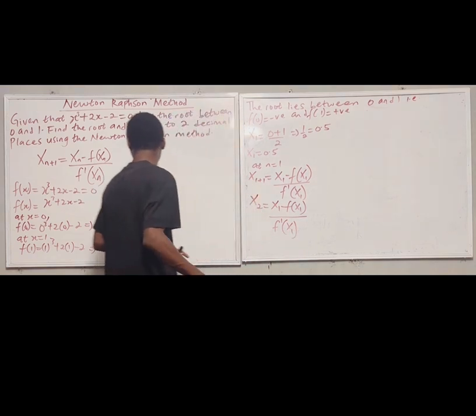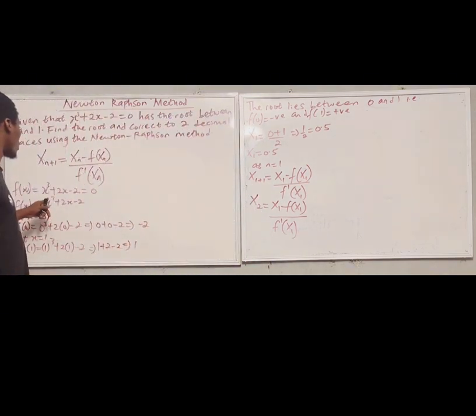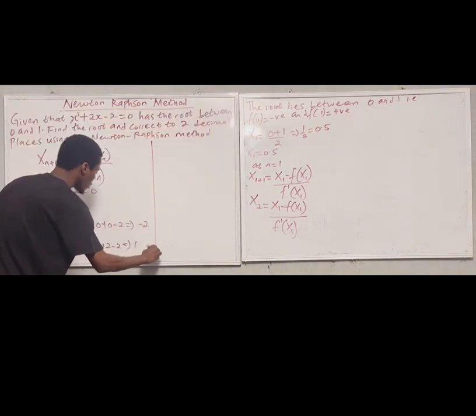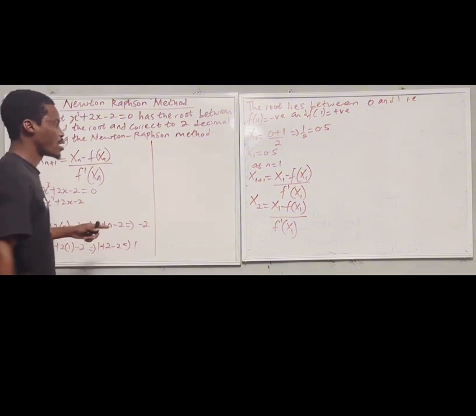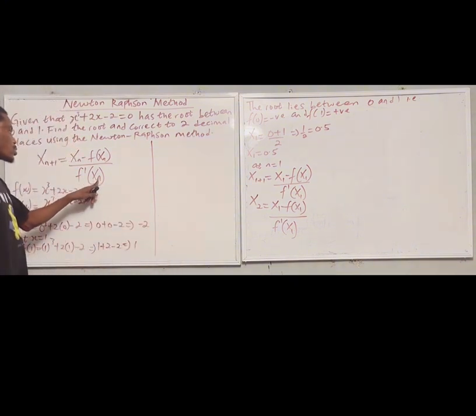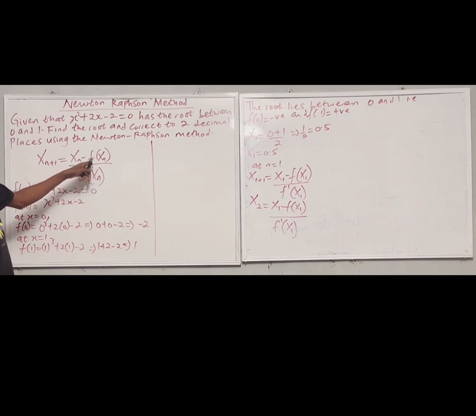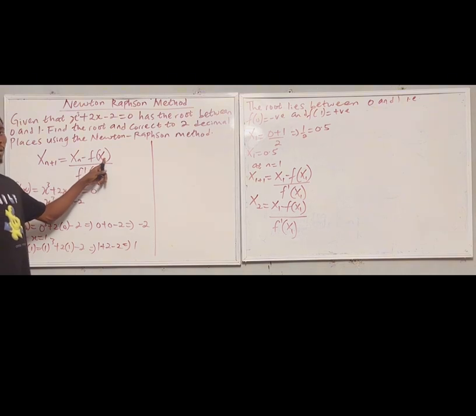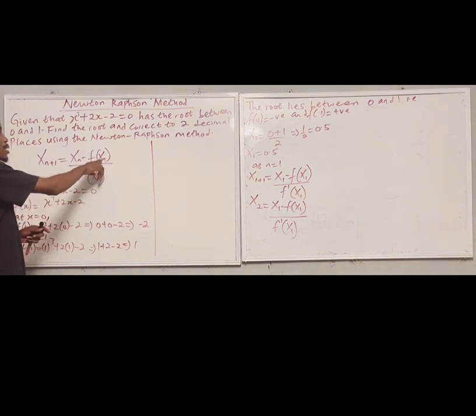So what am I going to do next? I have to find my f prime of x_n. Let me first find my f of x_n.